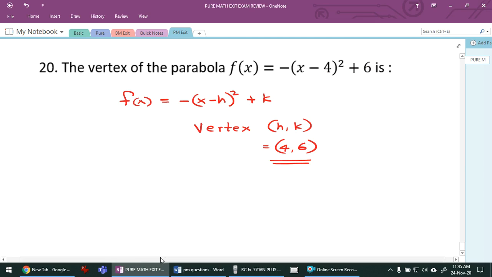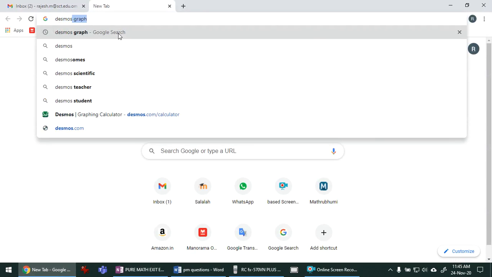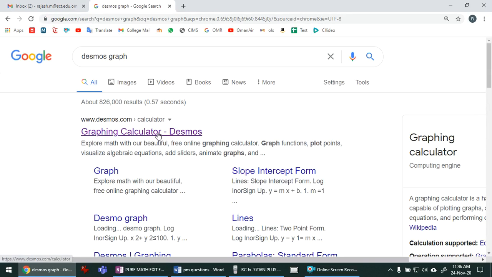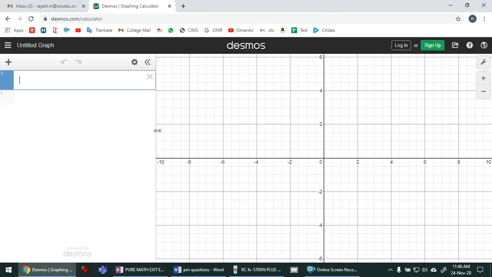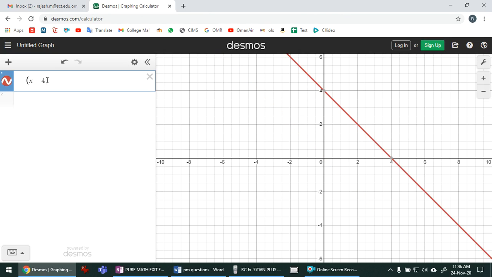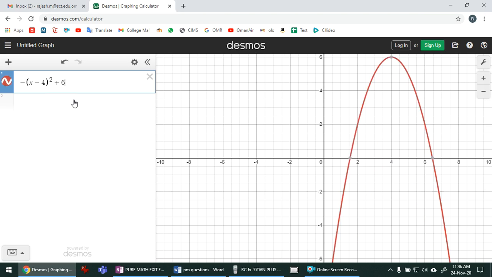Now how will you find this vertex from the picture? Okay, you have to go to Desmos graph. Open Desmos graph. Here you have to type the equation. Okay, minus x minus 4, then power you have to put this symbol, power 2, plus 6.